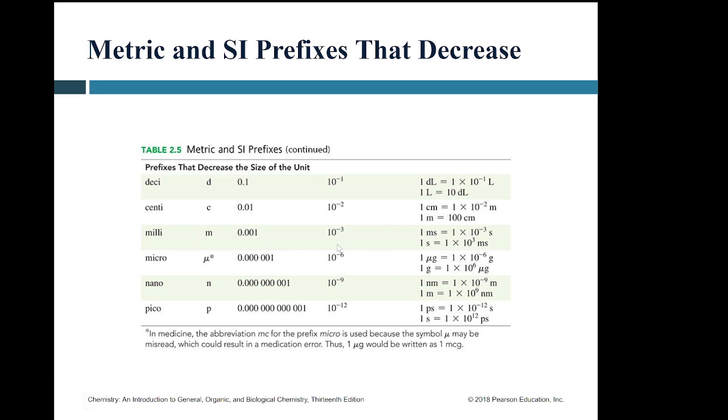All right. Milli, like millennium. And so we can have a millisecond. Micro, this right here that looks a bit like a cursive U, is actually mu. It's a Greek letter.